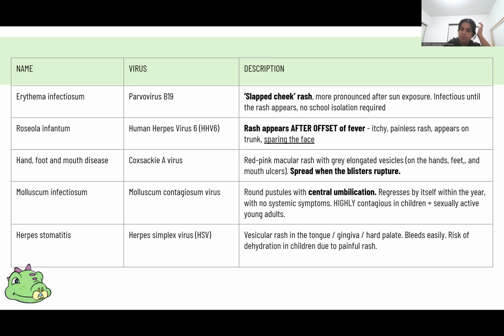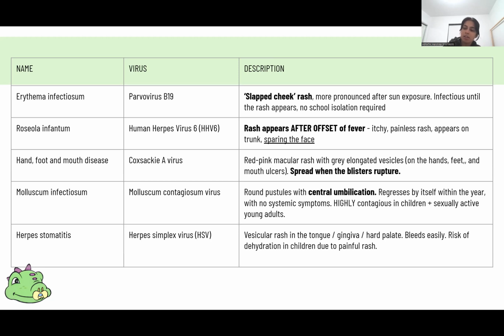Molluscum infectiosum is essentially these round, centrally umbilicated bumps, and they can happen pretty much anywhere in the body.